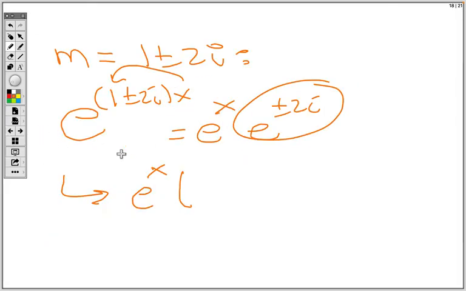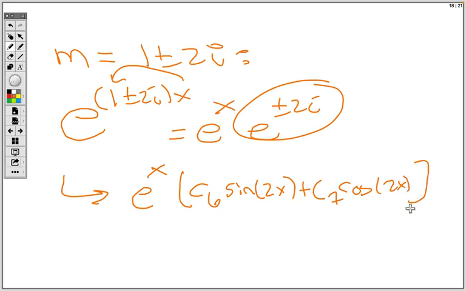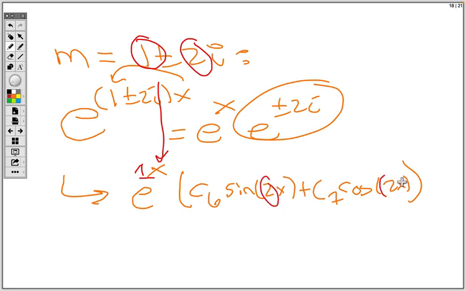C6. C6, there's the sine and the cosine. So the real part of the non-real solution is the coefficient on the real exponential. The coefficient of i becomes the frequency.